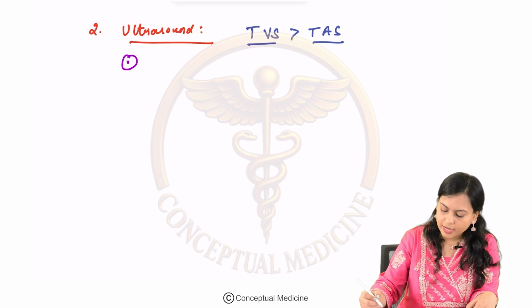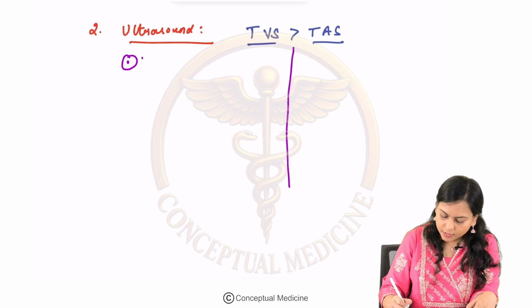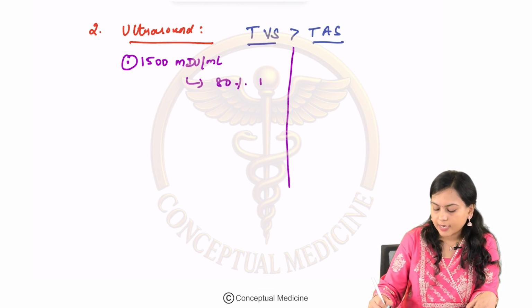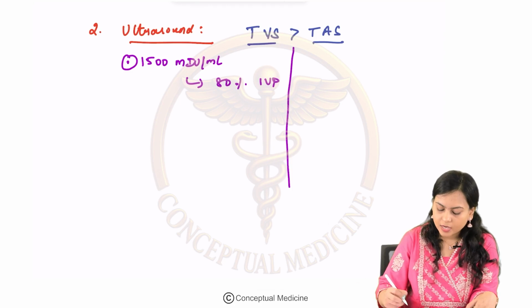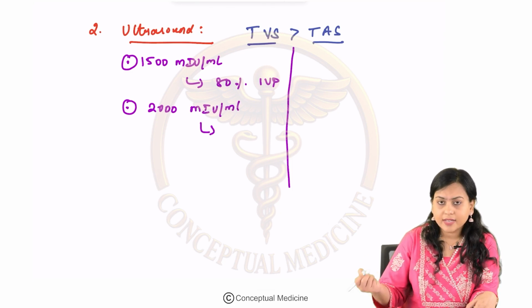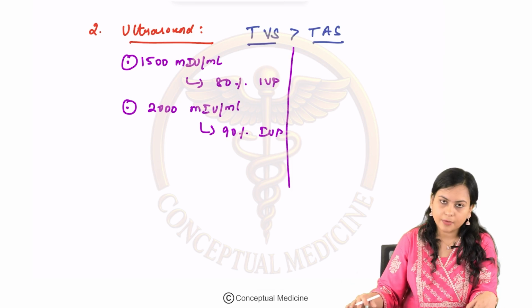So if you take for TVS, suppose the value of beta HCG is 1500 milli international units per milliliter, then you can tell 80% of intrauterine pregnancies can be diagnosed. Suppose the value is around 2000 milli international units per milliliter, then 90% of intrauterine pregnancies can be diagnosed.